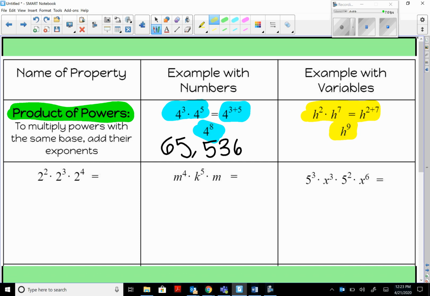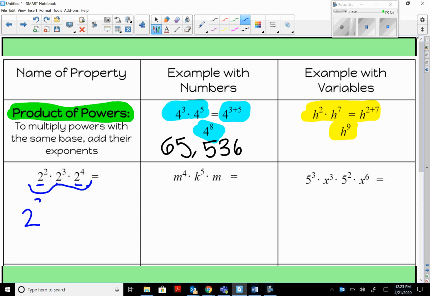Okay? So, for those of you that are doing it with me right now, let me try my stylus one more time. I don't know why it's not working. Okay, so you'll notice that we are multiplying. There we go. All 3 numbers are 2's. So therefore, I'm allowed to add the exponents because of the product of powers property.